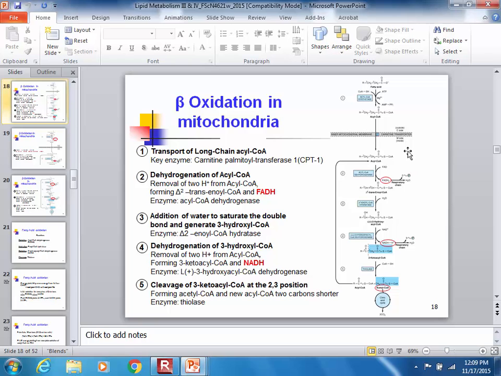I guess the lipoprotein metabolism is probably the most confusing stuff, right?